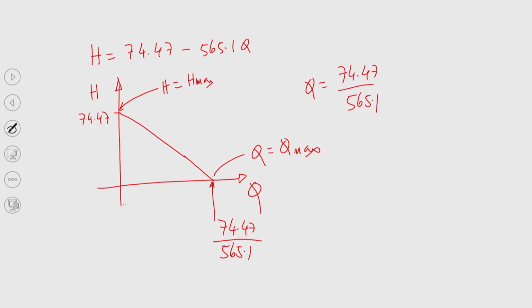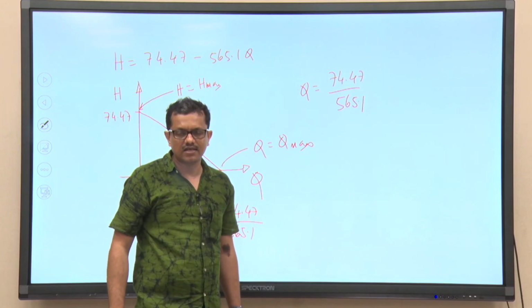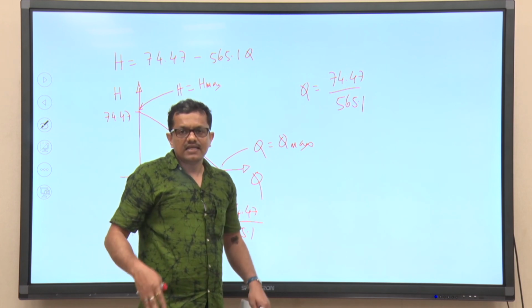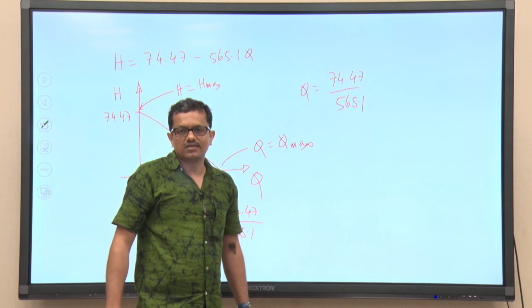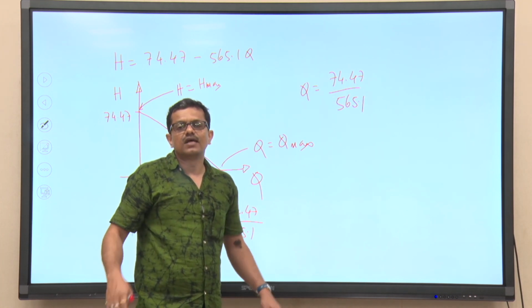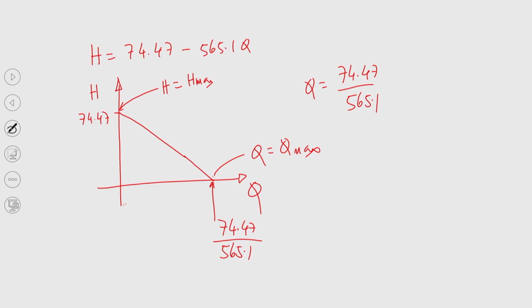As I told you, this is the theoretical curve, because this expression we have derived using the Euler equation of motion, right. But in real practice, we really cannot ignore the losses due to blockage and also the recirculation losses and separation losses.